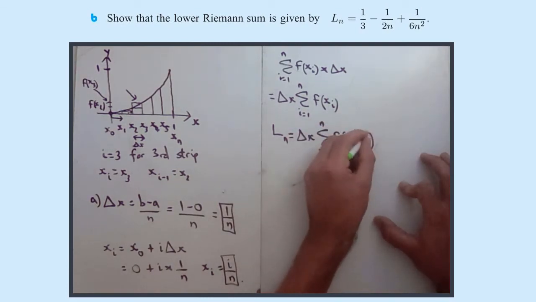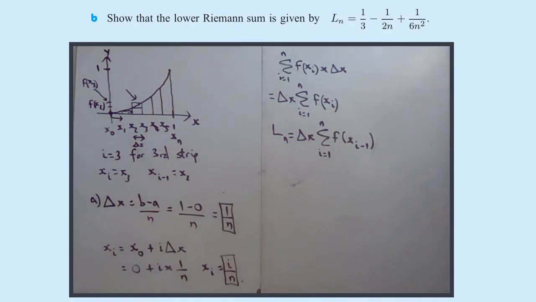i minus 1. So xi minus 1, well, xi was x0 plus i delta x. So for xi minus 1, we're going to have to add 1 less each time. When i is 1, I want to be using x0, so I'm going to have to add on no delta x's. So it's going to be i minus 1 delta x's. When i is 3, I want to be working with x2, so I want to add on 2 delta x's from x0.